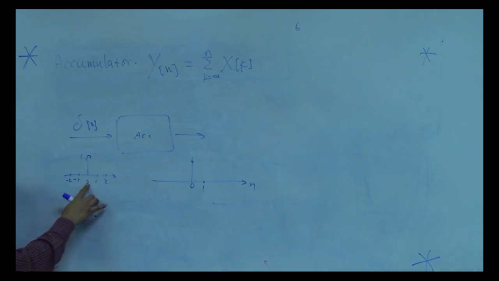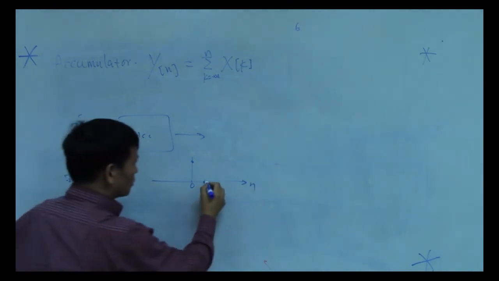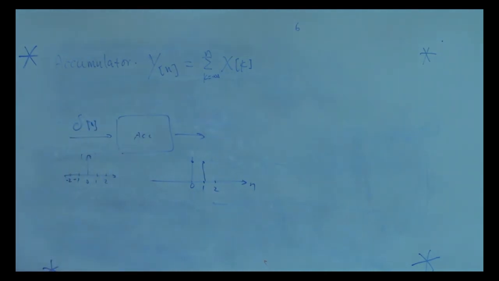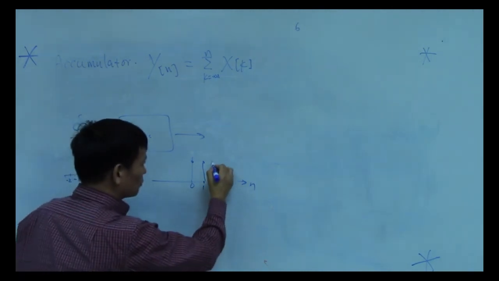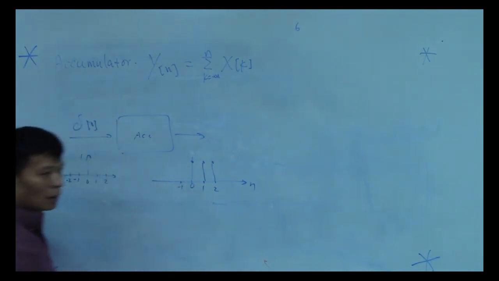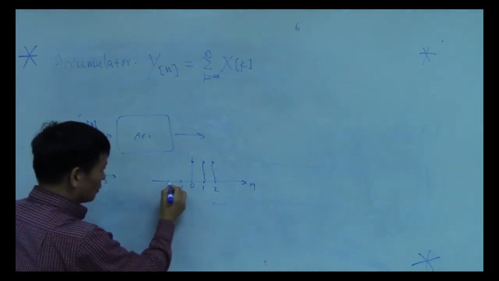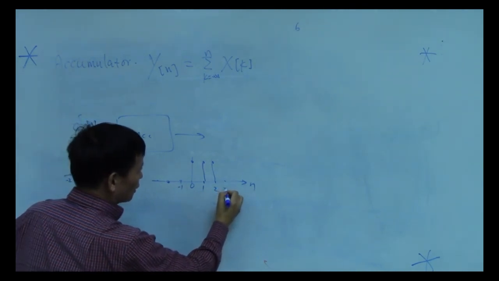So still 1. How about at time equals 2? You add all of these, so what you have is still this one. How about negative one? 0. You add this value to this all the way, so you got nothing. And this one definitely 1.